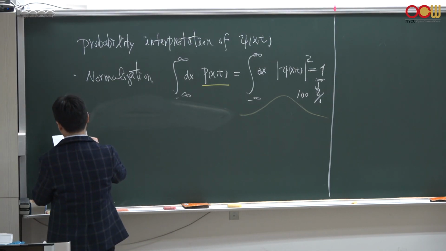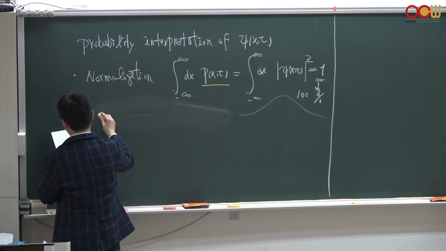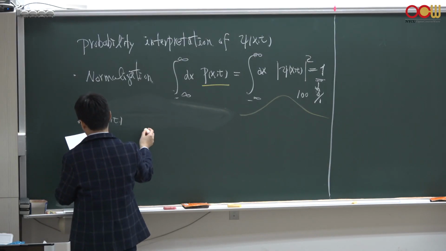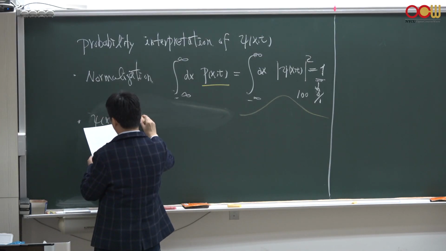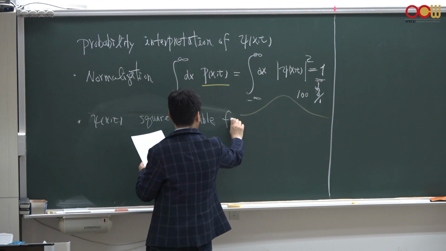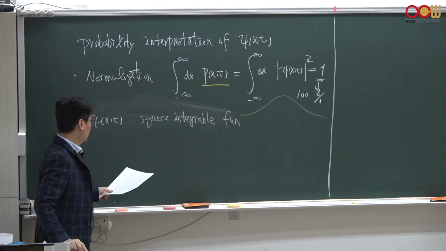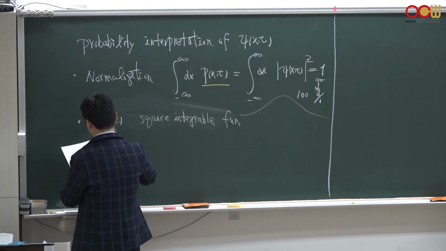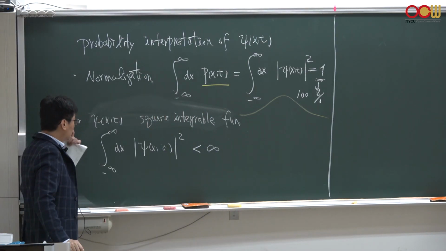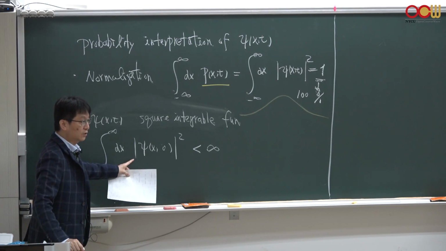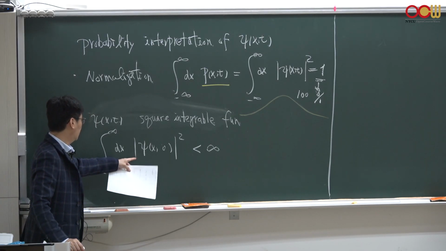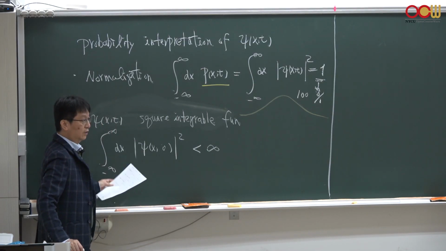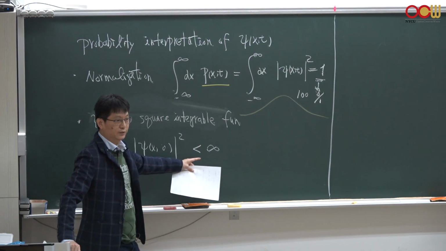So that's normalization. The second property of this probability distribution is that psi(x,t) is a square integrable function. What is a square integrable function? We will use that property later. It is defined by this inequality: the square magnitude of psi at any given time, for example time equals 0, when integrated over the entire space, should not be infinity.